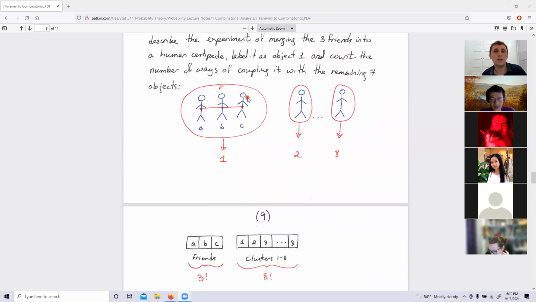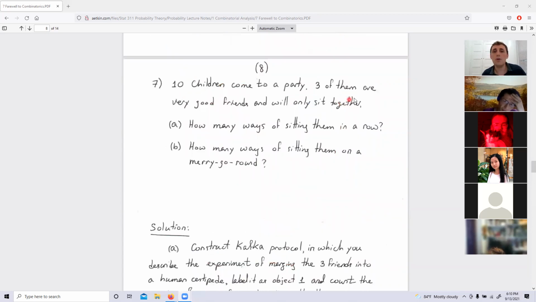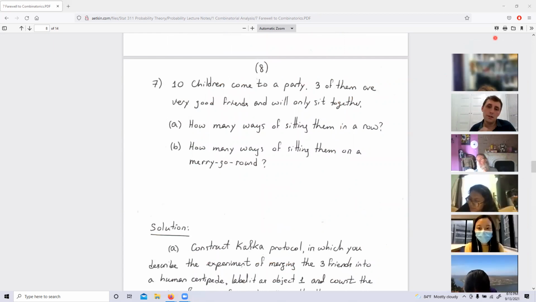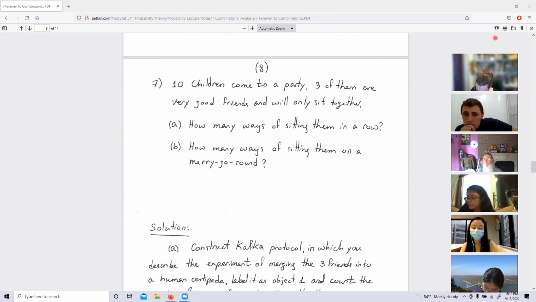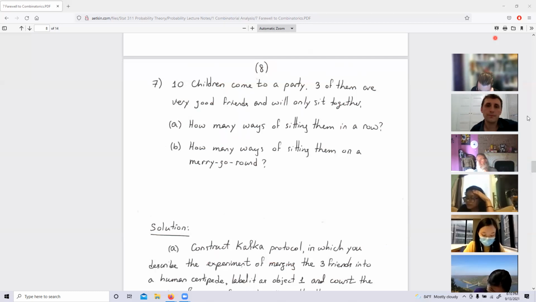All right, guys. Now, the somewhat harder question is how many ways of sitting them on a merry-go-round? And we want to understand mathematically what is a merry-go-round. Yes, Cindy, that is a circle, but what does it mean?